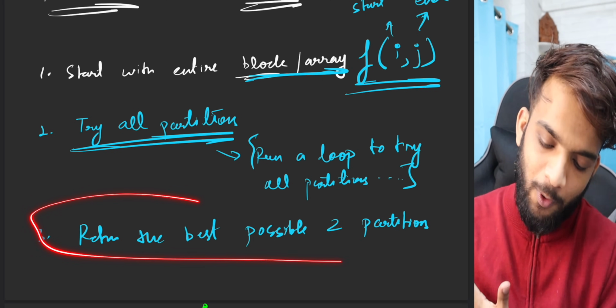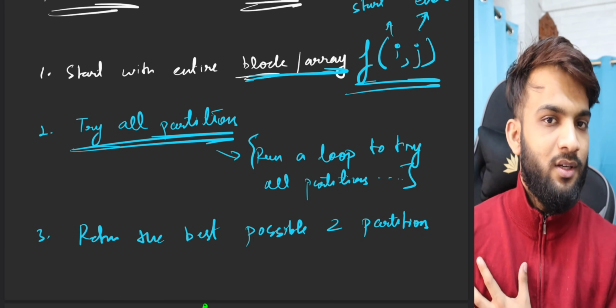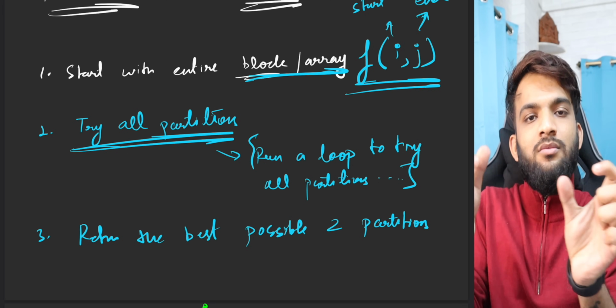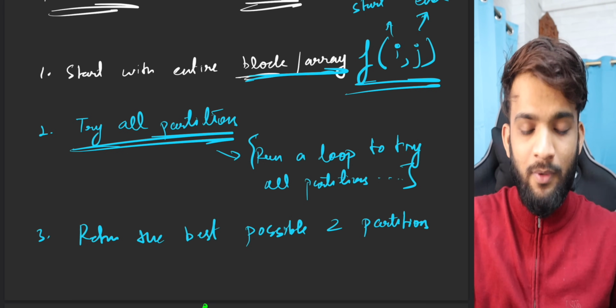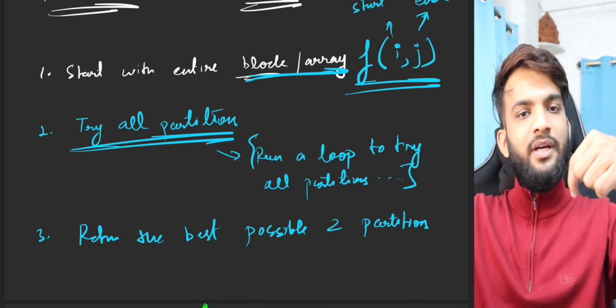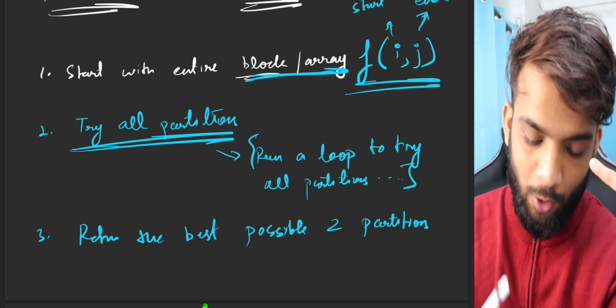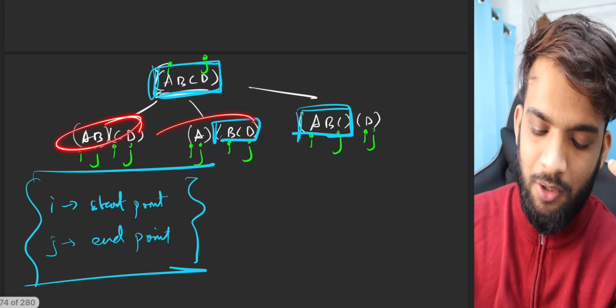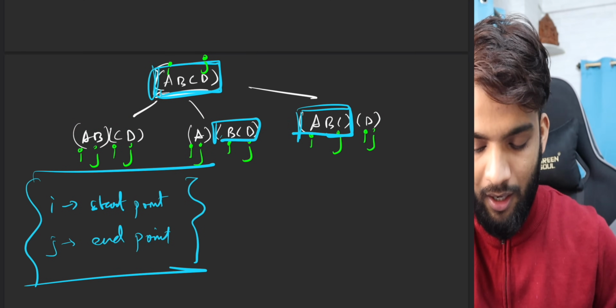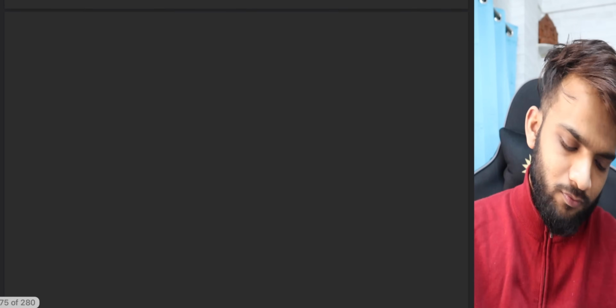And return the best possible 2 partition. That's it. So you take the entire problem, break it down into every possible smaller problem, and you try to solve it. And you return the best possible partition, the best possible sub problem that you could break into. That's the straight funda.